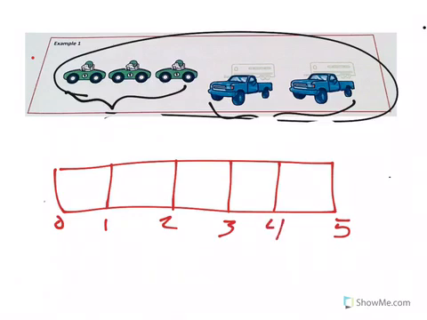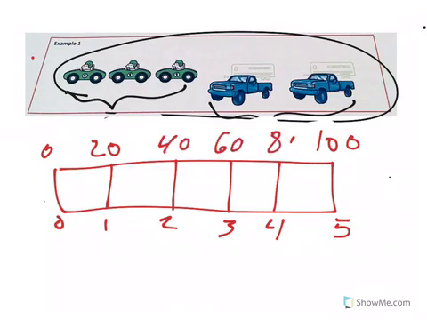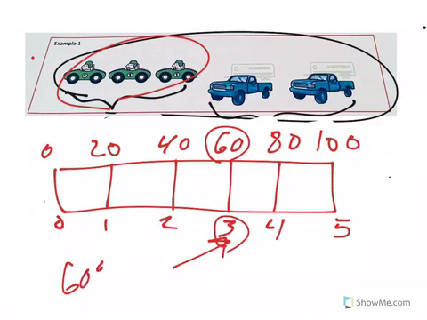If I have up top, I know I'm going to try to get to 100%. So 100 divided by 5 parts, 100 divided by 5 would be 20. So I know I'm going to count by 20s, right? 0, 20, 40, 60, 80. I know there are 3 cars, so that means I'm looking for the 3 number. That would mean 60% are cars.